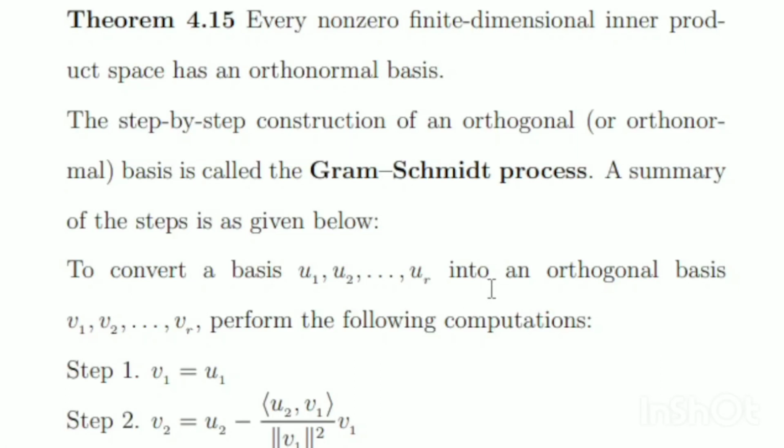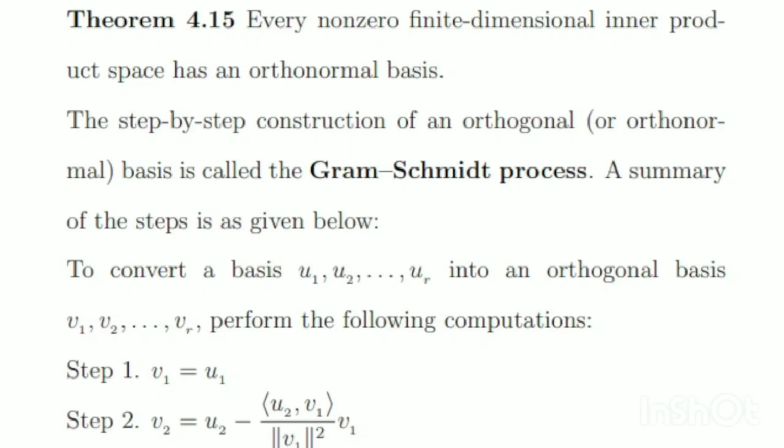So in step 1 we have v1 equal to u1 itself, and in step 2 v2 equal to u2 minus inner product <u2, v1> by norm of v1 squared into v1. And similarly v3 we can write as u3 minus <u3, v1> by norm of v1 squared into v1 minus <u3, v2> by norm of v2 squared into v2.